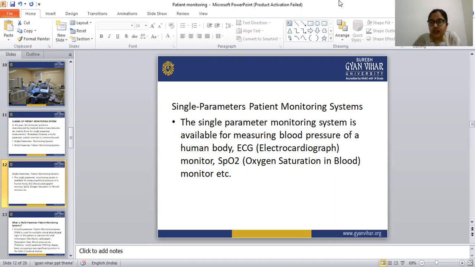And there are also some disadvantages. If one considers it from the viewpoint of the nurse, the biggest disadvantage of the computerized patient monitoring system is the time required in learning. The nurse should first learn how to use that system.